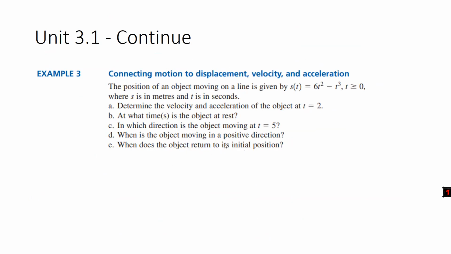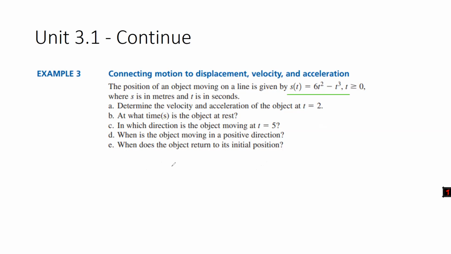When does the object return to its initial position? How would you solve this? You could do guess and check, but that's not ideal. Let's just solve it. The object returns to its initial position, which means distance from initial position equals 0.